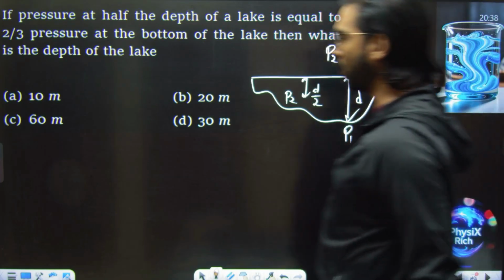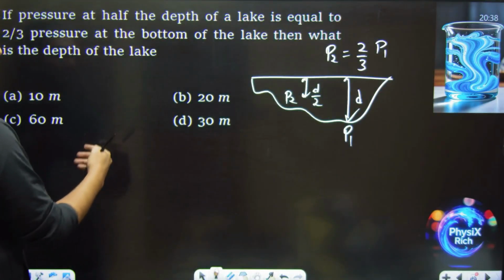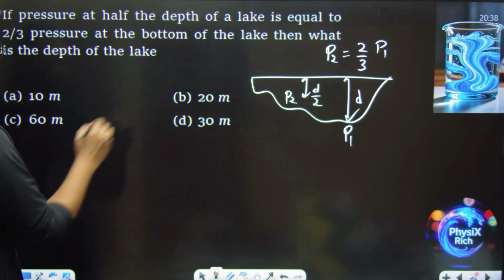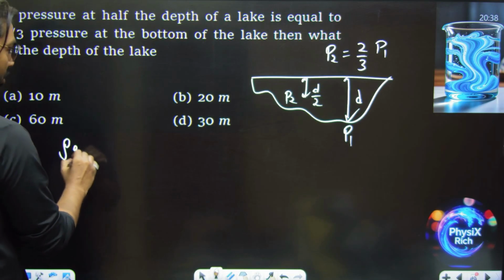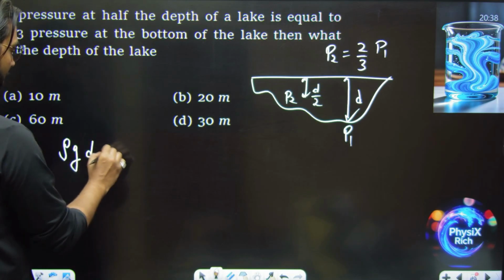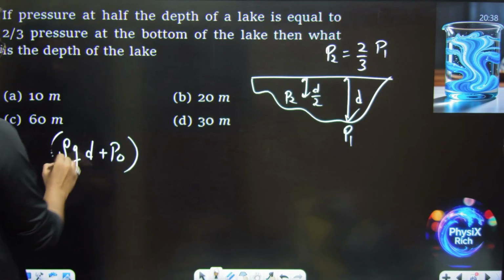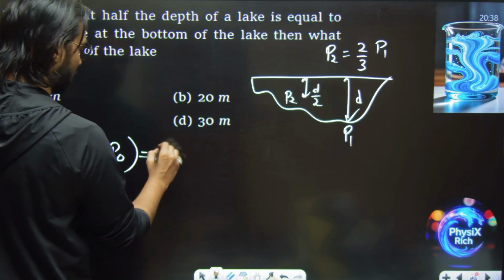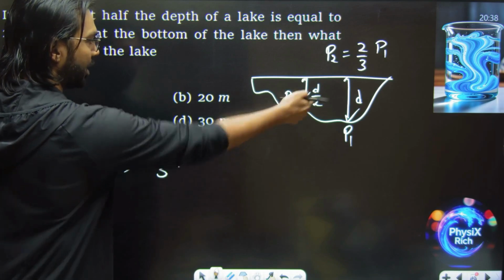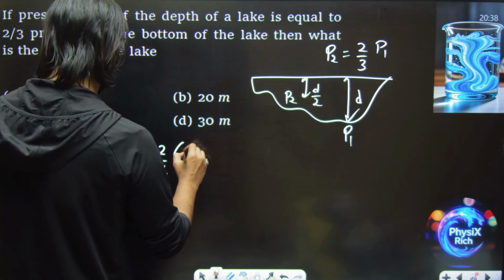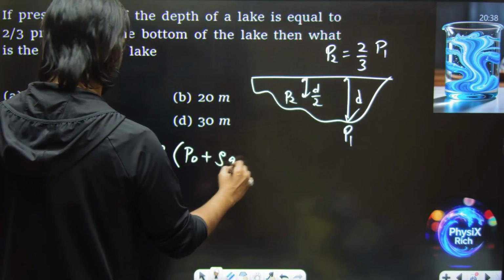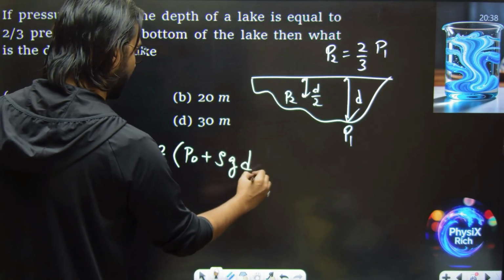All right, no problem. So we will just write the values of pressures at this point and this point, and pressure at P1 will be rho g D plus P naught. Okay, this is the pressure P1, and that is given to you as 2/3 of the pressure at this point, which is P naught plus rho g D by 2.